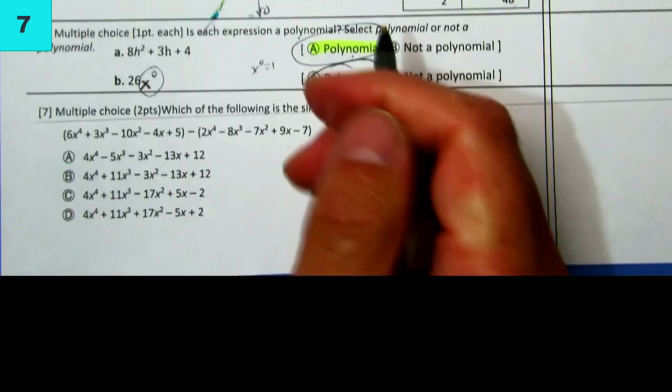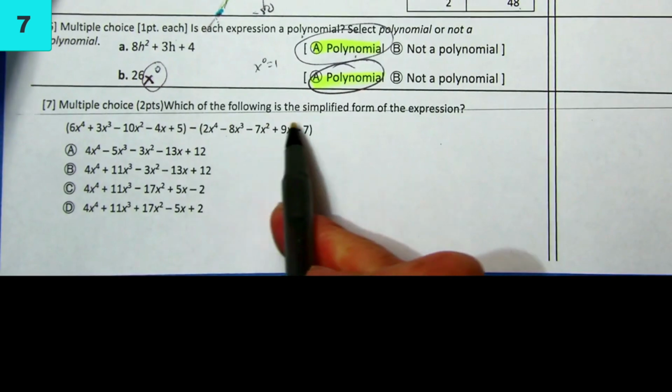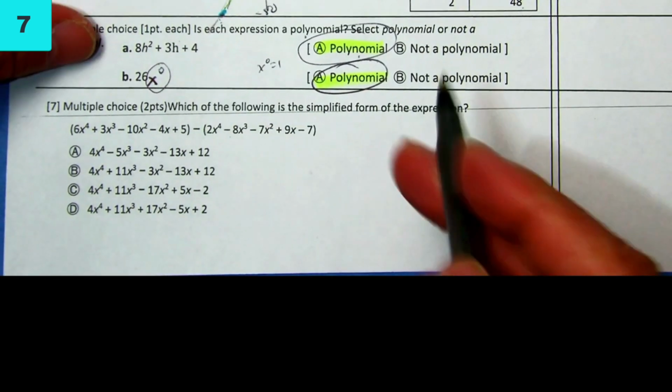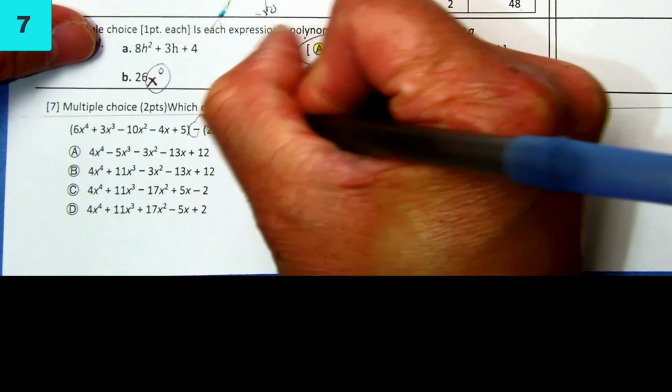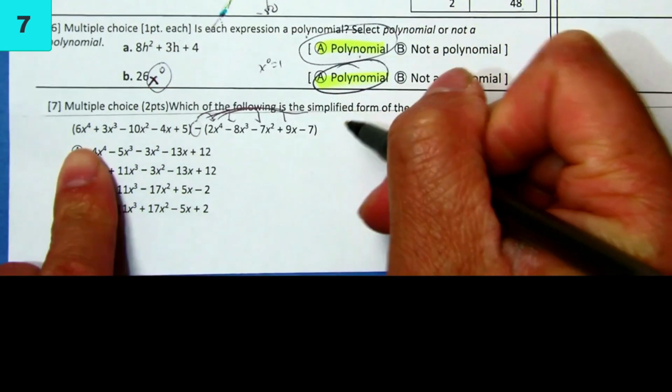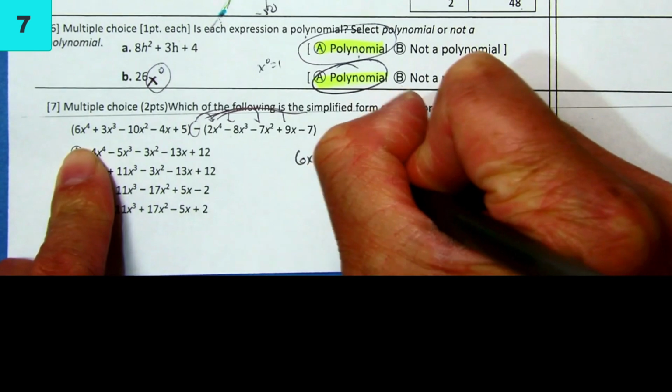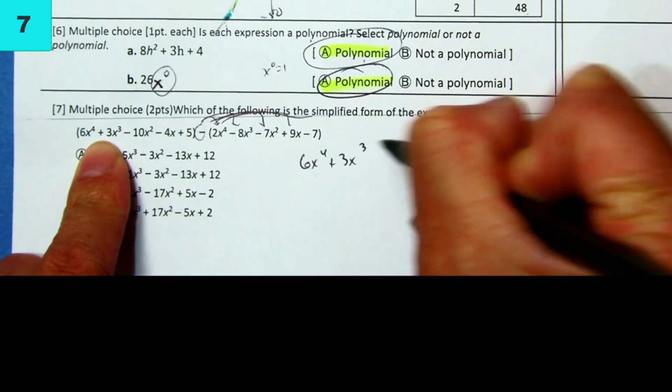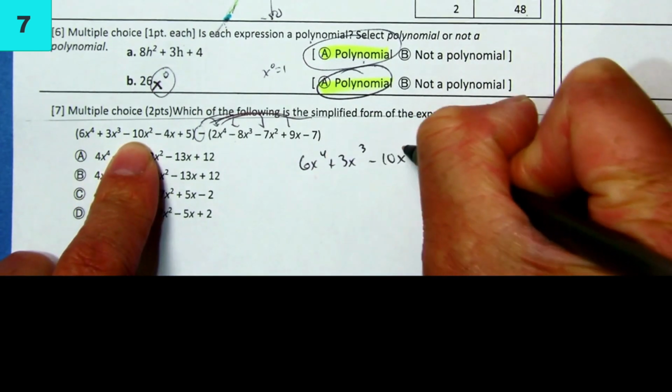Question number 7. Which of the following is a simplified form of the expression? I have a negative sign, so you can distribute the negative and change all the math operations. So I'm going to repeat this one, and I'm going to stack it vertically by like terms.